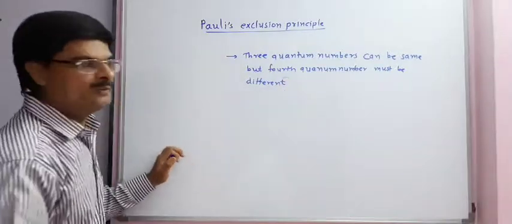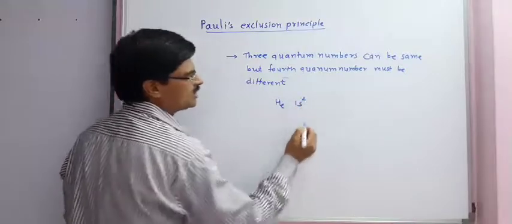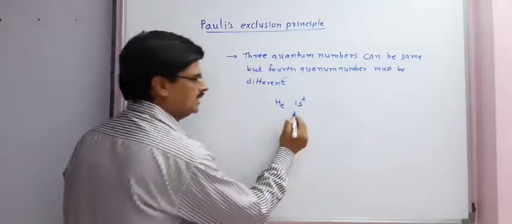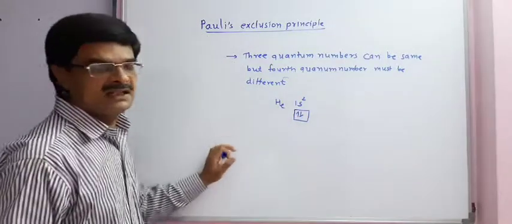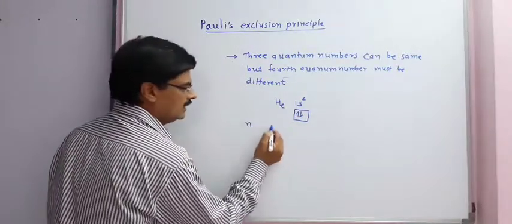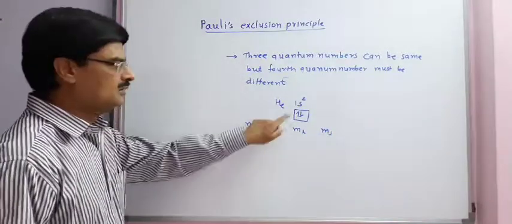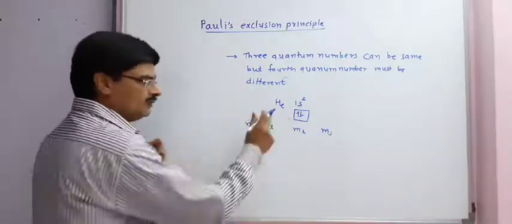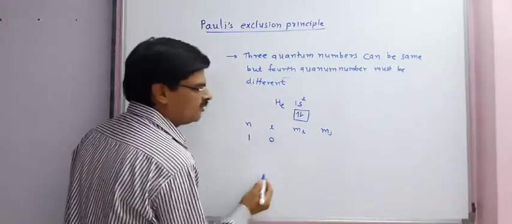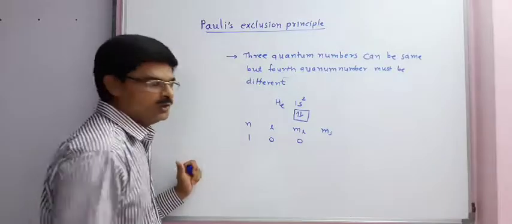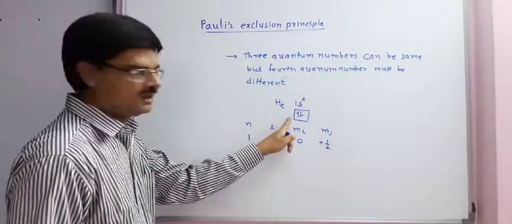Take the example of helium. Electronic configuration of helium is 1s2. If we write n, l, ml and ms quantum numbers for both the electrons of helium, we can write n is equal to 1, l is equal to 0, ml is equal to 0, but ms is +½ for the first electron, suppose.